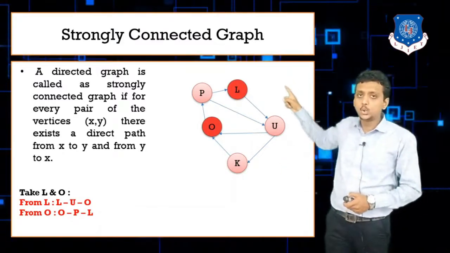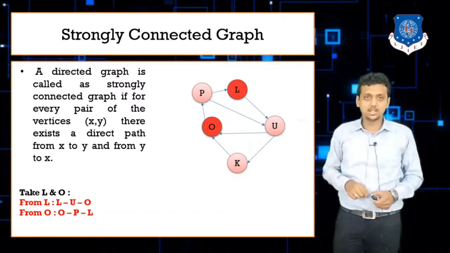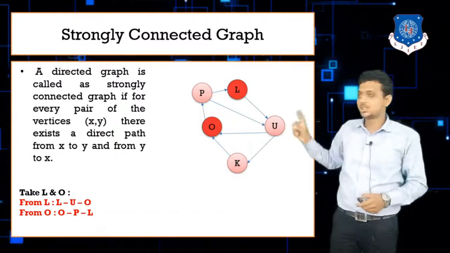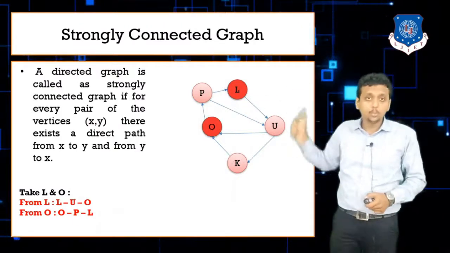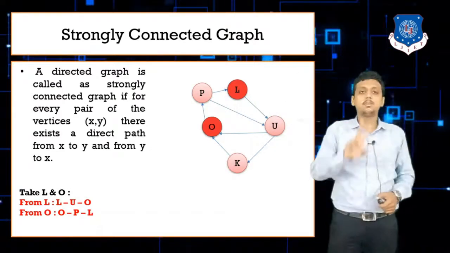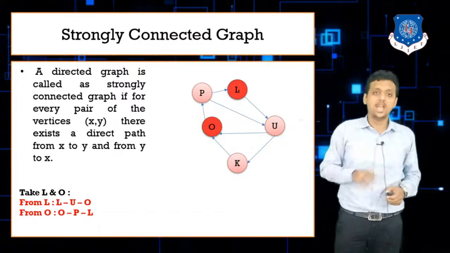Starting from L to U, U to K, K to O, there is a path. Now go in reverse, starting from O: O to P, P to L. So there is a path from L to O and O to L.